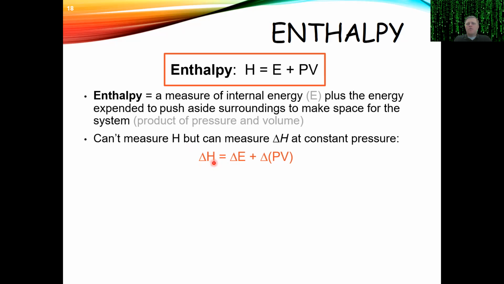So we usually only care about our delta H, and our delta H is equal to our delta E plus delta PV. So our change in enthalpy just depends on how much the energy and pressure and volume change.